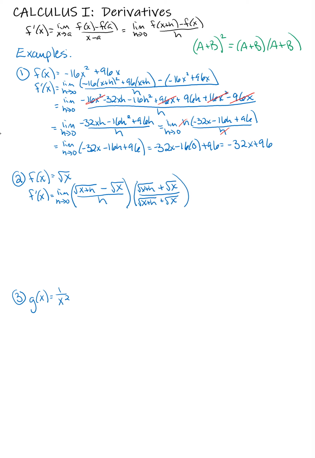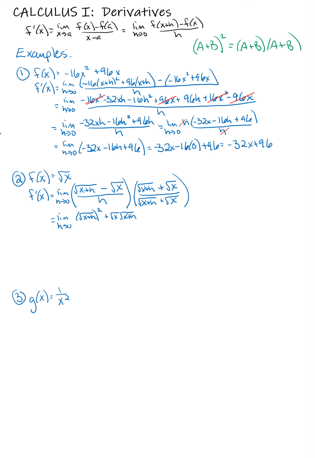All right, so let's see, what do we end up with? In the numerator, if I multiply those first two terms, we get square root of x plus h times square root of x plus h, which I'll write square root of x plus h squared. And then the first term times the last term, that is square root of x times square root of x plus h.